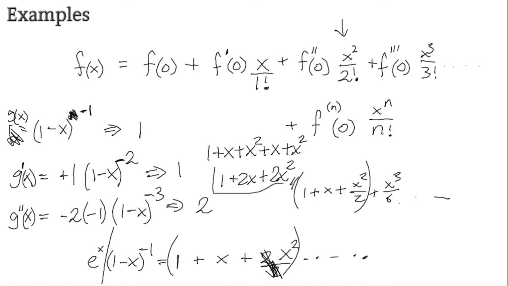So that would be the expression of e to the x times 1 take x to the power minus 1. So it's again relatively straightforward as long as you don't make algebraic mistakes.